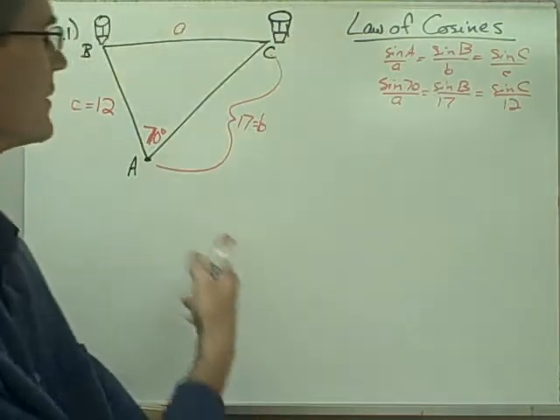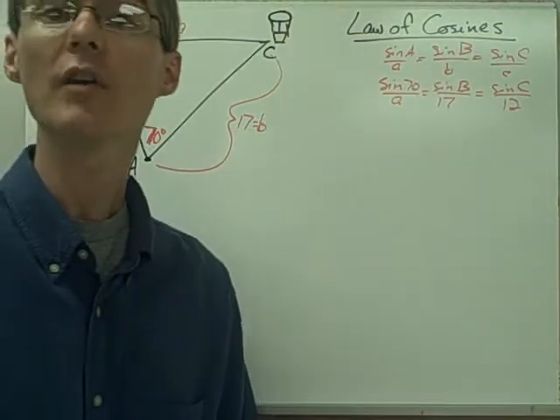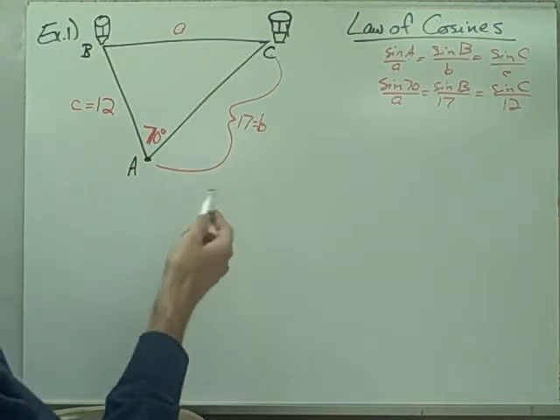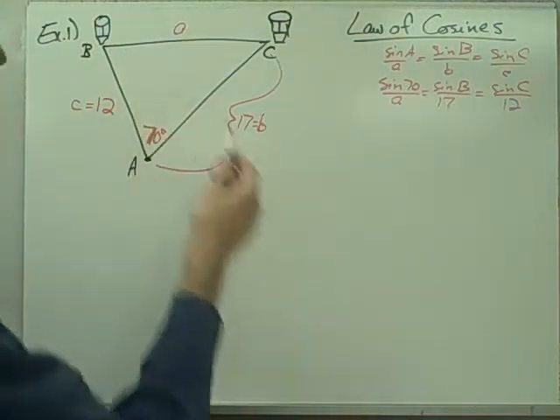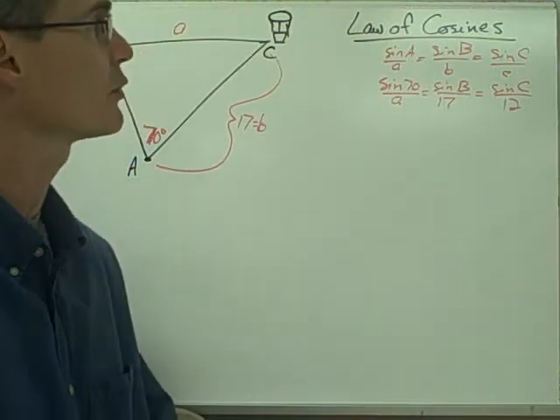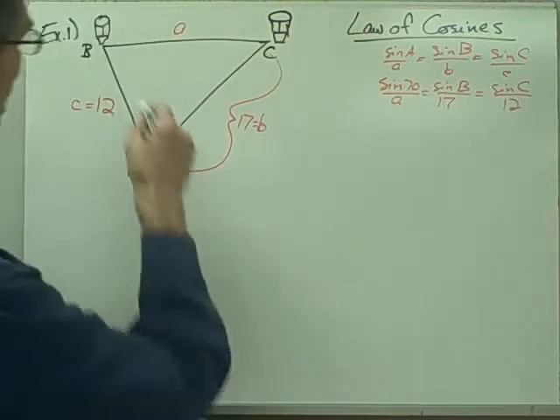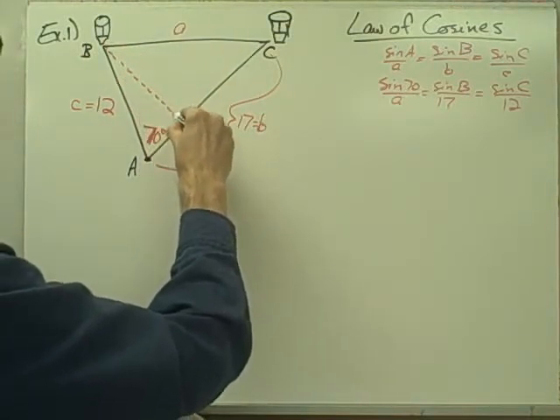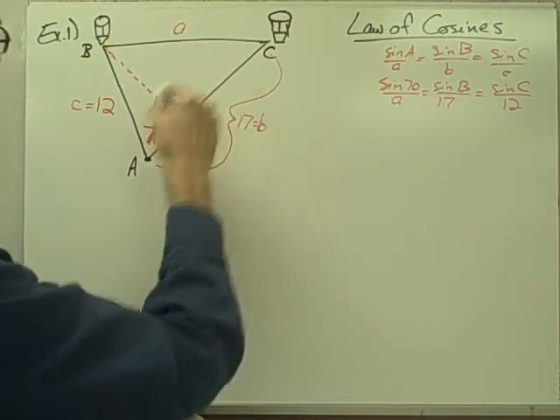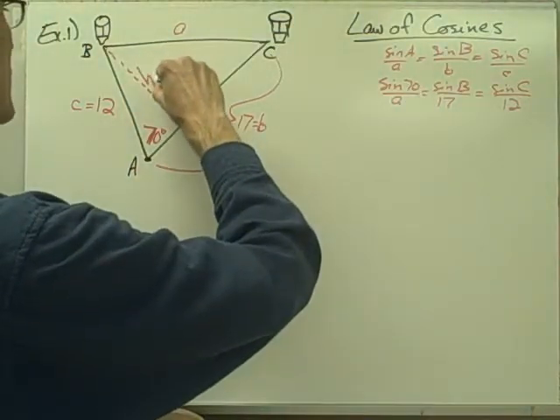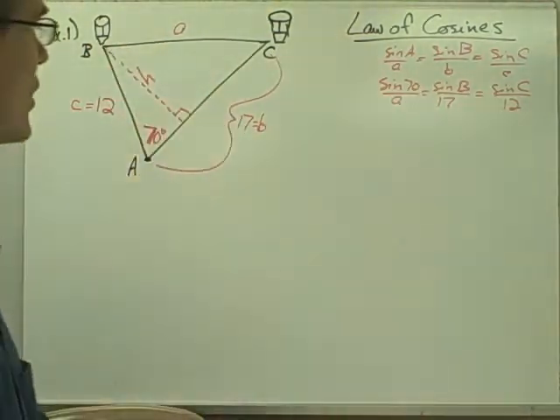Well, the other method that we're about to develop is going to be called the law of cosines. Since we're going to be using one of our trig ratios, and in order to use one of our trig ratios we need a right triangle, we're going to create, like we did with the law of sines, these two right triangles here by drawing in this value that we're again going to call h for the height of this triangle.